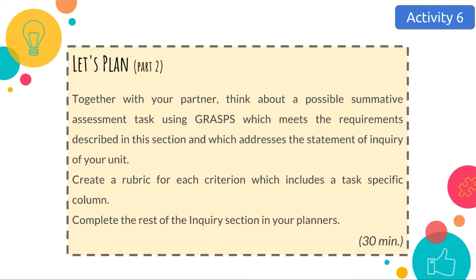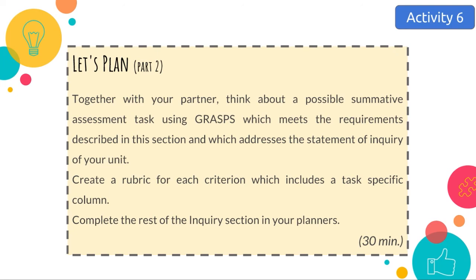So the only thing left we still need to do is to complete our blank planners a little bit more. Remember that we completed the first part of the inquiry section in the planner. What we're going to do is complete the second part of the inquiry section, the one referred to the assessment task.